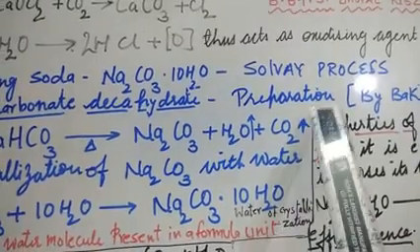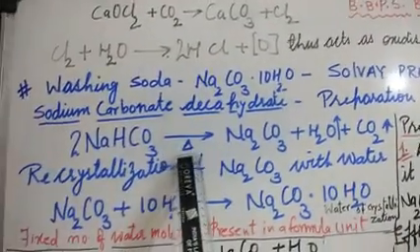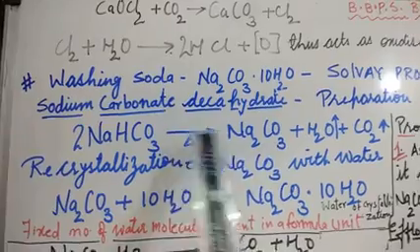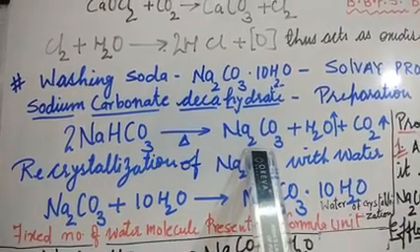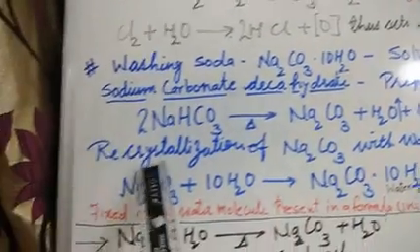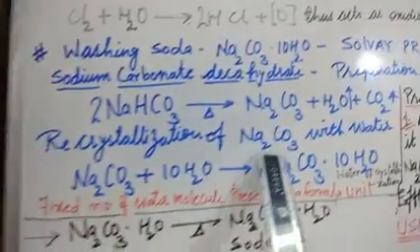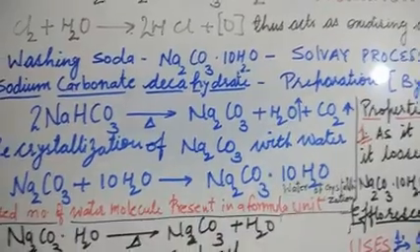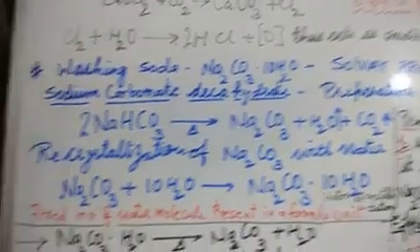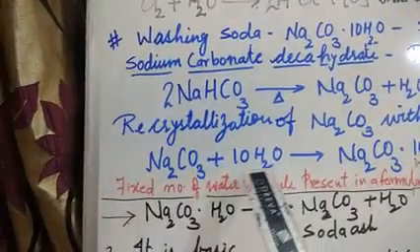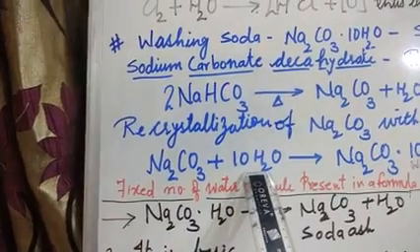H2O and one CO2 molecule are also eliminated when this baking soda is heated. This Na2CO3 is now recrystallized. Recrystallization of Na2CO3 is done with water. Here, 10 water molecules I have taken.